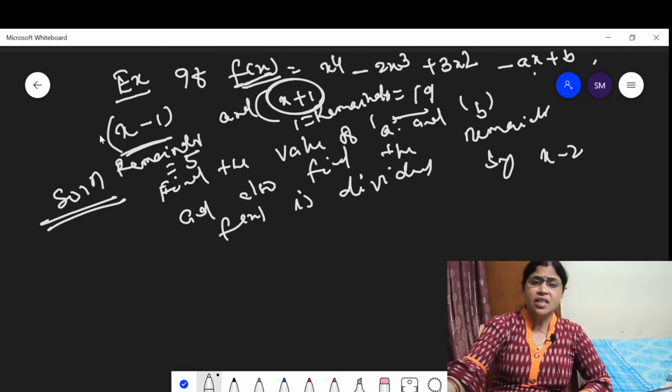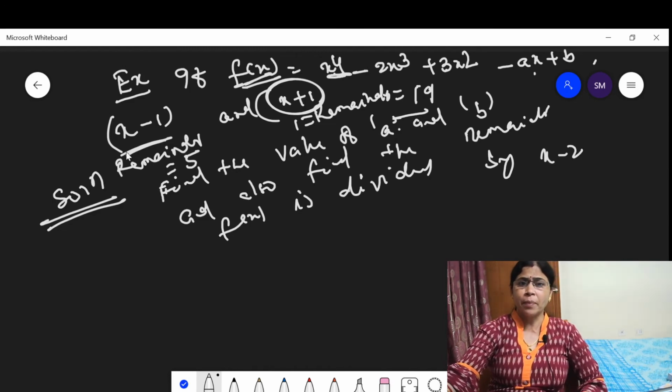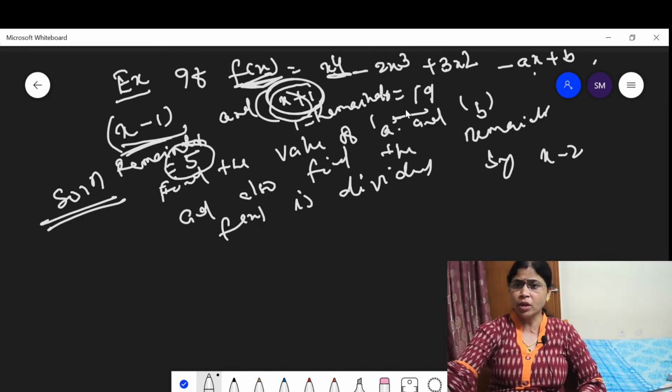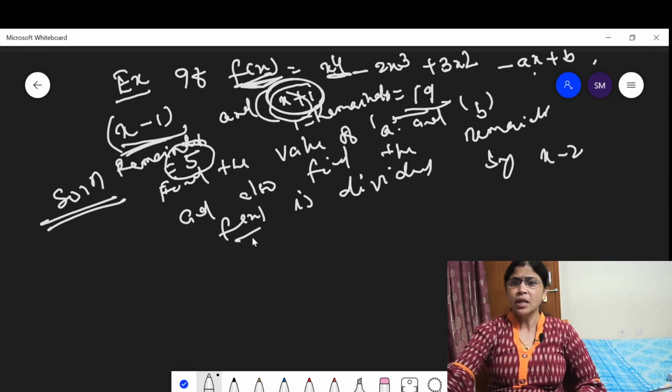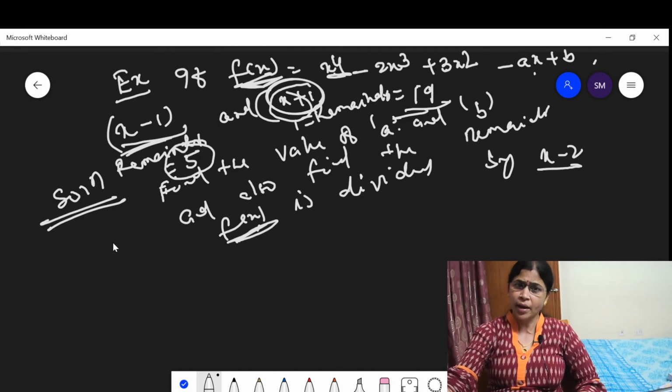When f(x) is divided by x minus 1, the remainder is 5. When f(x) is divided by x plus 1, the remainder is 19. We have to find the remainder of f(x) when divided by x minus 2. At first we have to find the value of a and b.